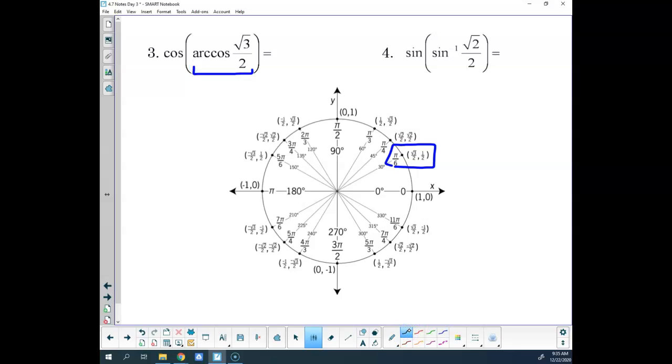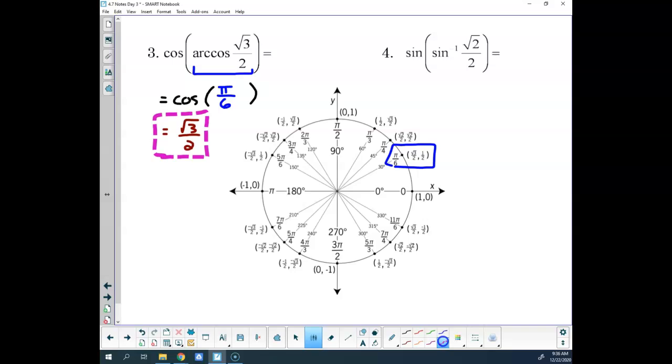So this would be the cosine of π/6, and the cosine at π/6 is just √3/2. That should make lots of sense because cosine and arccosine are inverse functions, so they should just cancel each other out, which they do. Okay?